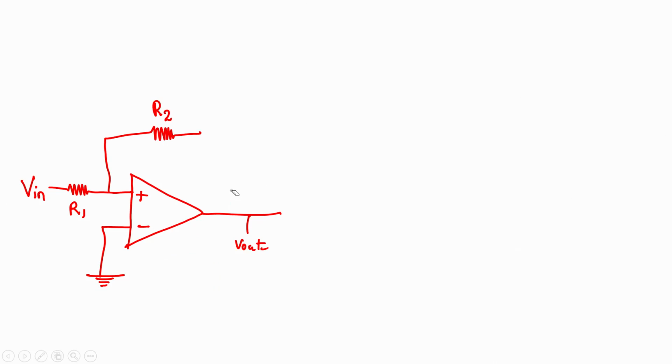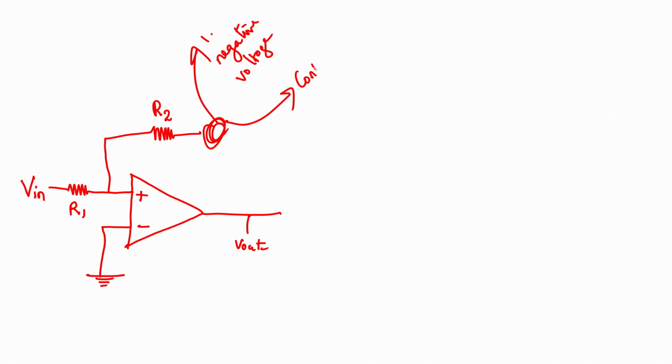Here there should be something that can do two things. One is give a negative voltage contribution. Another is controlled output voltage using digital bit sequences.